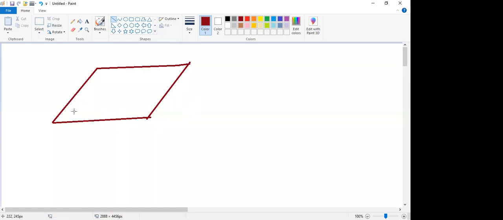Take this to be a parallelogram OABC. This is our O, this is our A, this is our B, and this is our C.